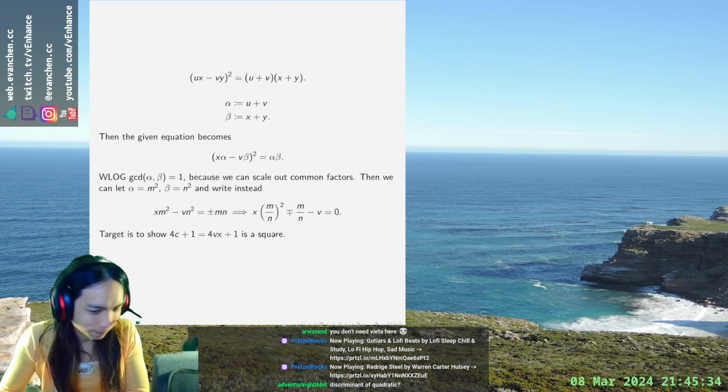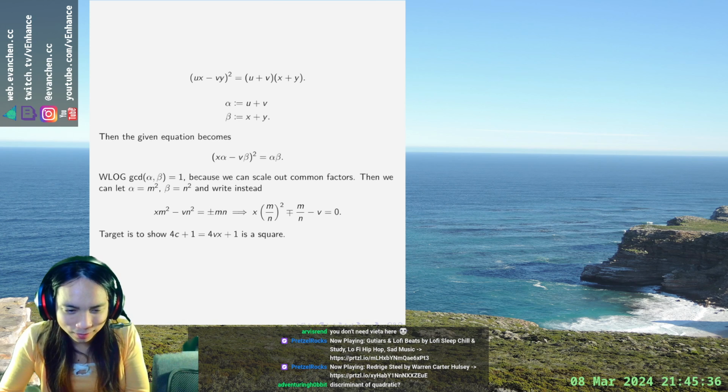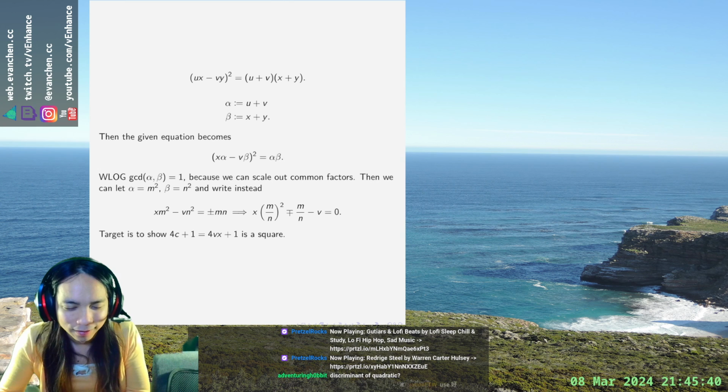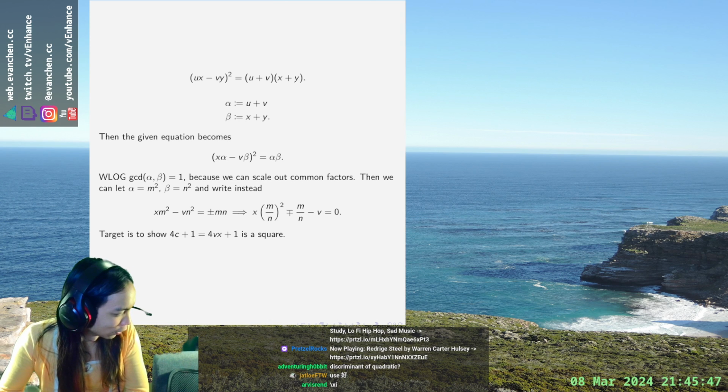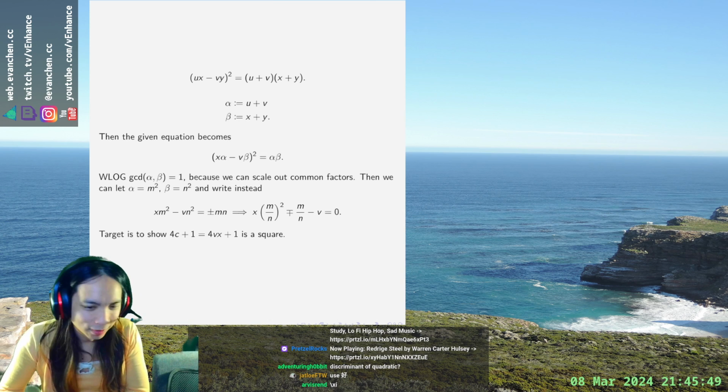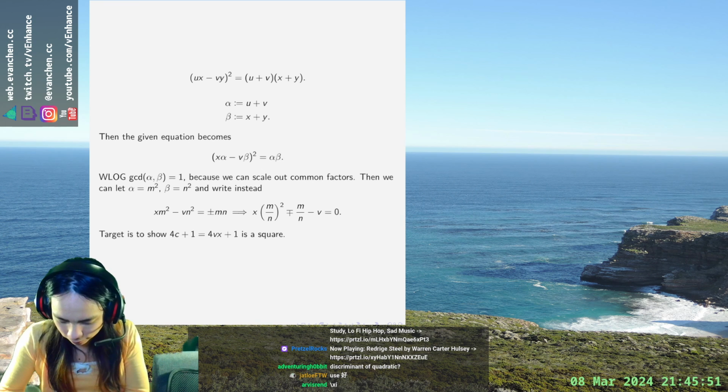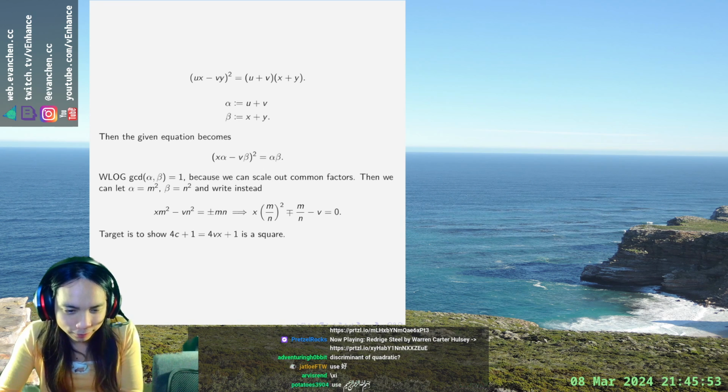Guys, I need a letter that looks like it's a real number or something. And so M, N, no, I'm not using that. We're just gonna use theta. Screw this.